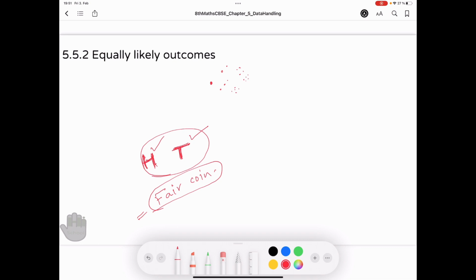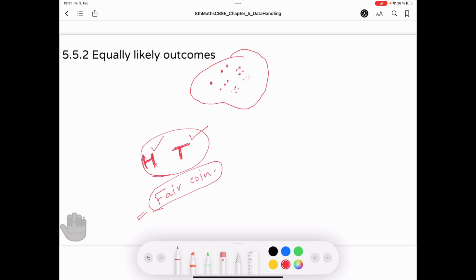All 6 are equally likely outcomes. There is no bias, it's not tampered with, and the chances of any of these sides coming are equal.